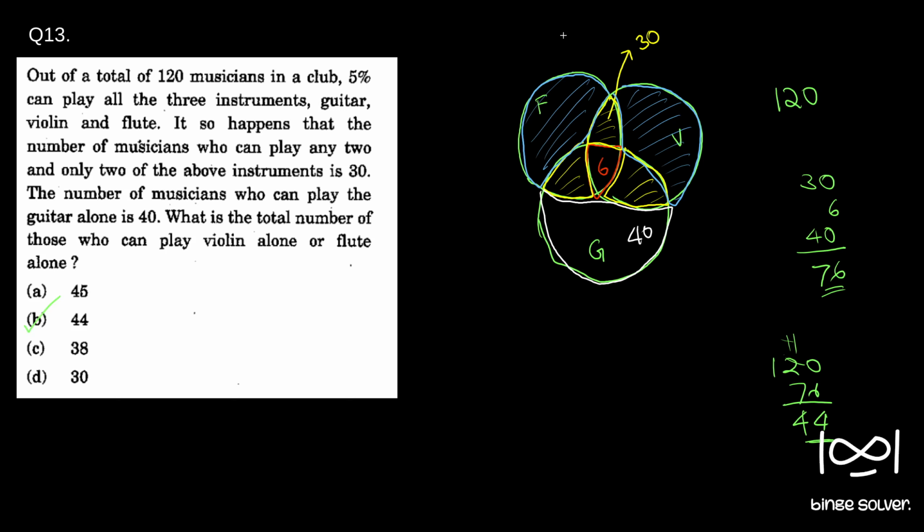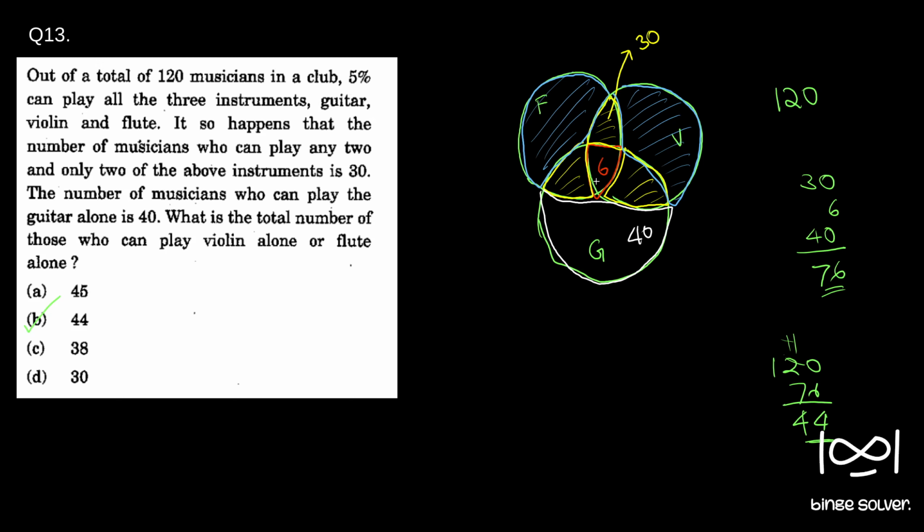If you use a Venn diagram for these questions, it will be much easier. You can quickly draw one without taking much time, and you will get clarity. This is a fairly easy question, but you shouldn't write 5 here. It is 5%, which is 6. Such small mistakes can mess up the answer.